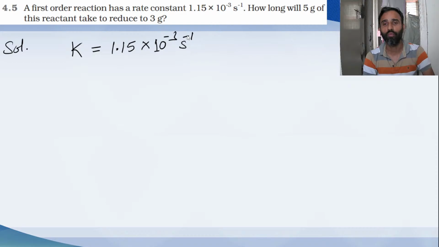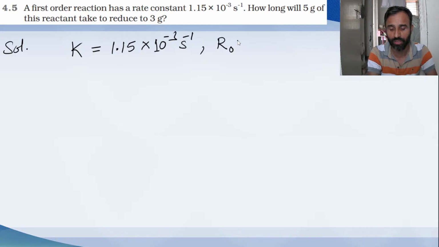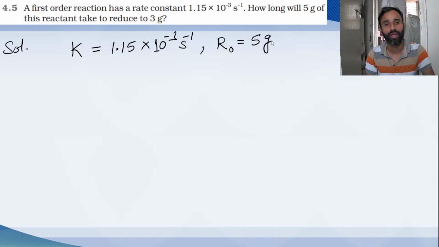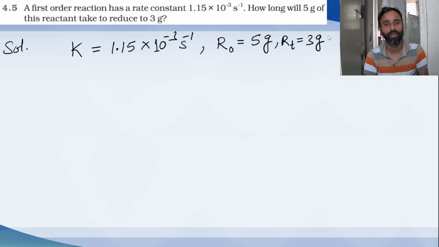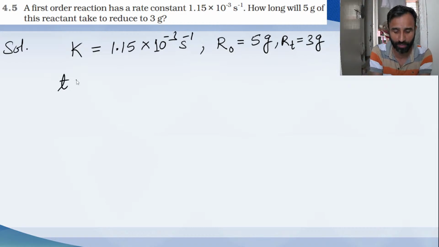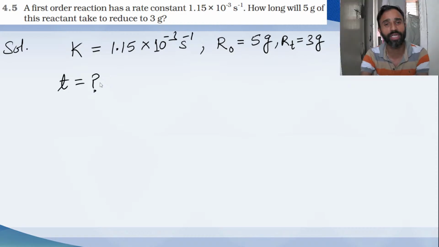How long will 5 gram of this reactant, that means initial concentration is 5 gram and final concentration is 3 gram, and the reaction is of first order, rate constant is given. So how long will 5 gram of this reactant take to reduce to 3 gram?